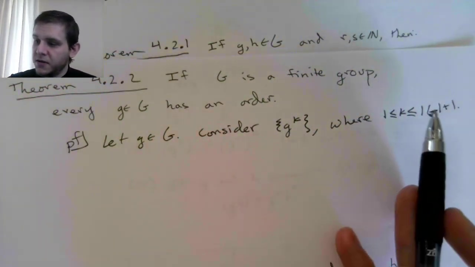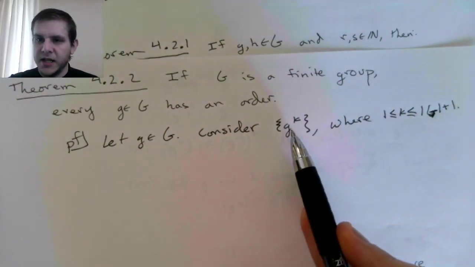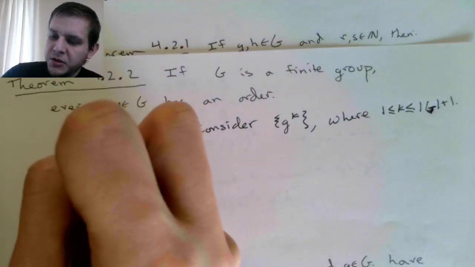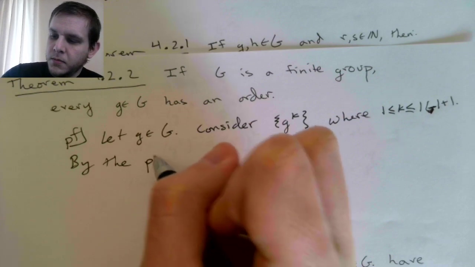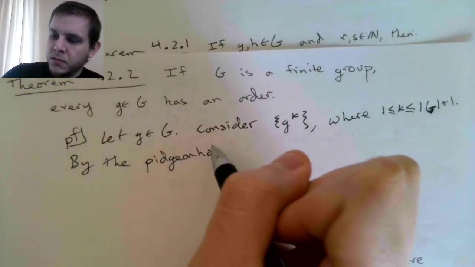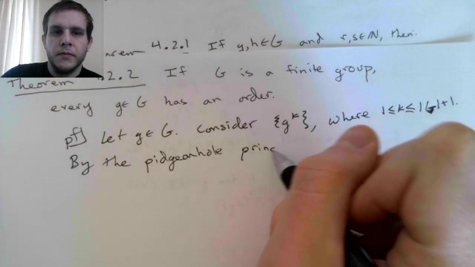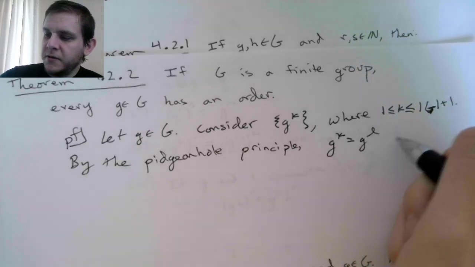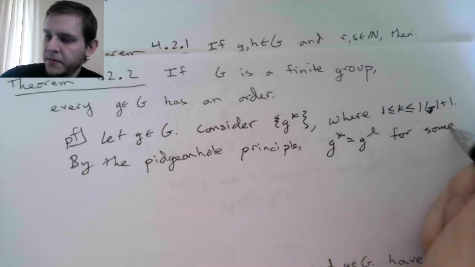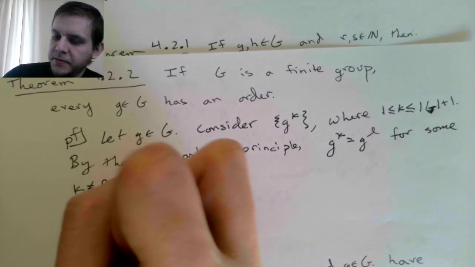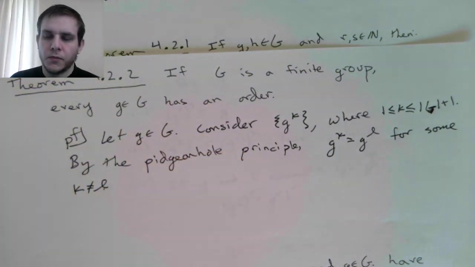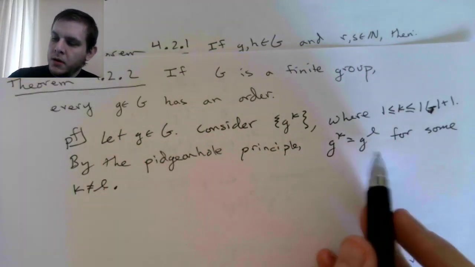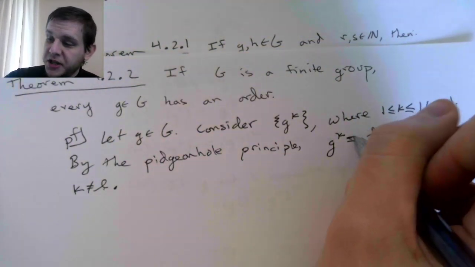So there are this many elements in this set, so there has to be some k and l for which it repeats, by the pigeonhole principle. g to the k equals g to the l for some k not equal to l. So now I just multiply both sides of this equation by g to the minus k.